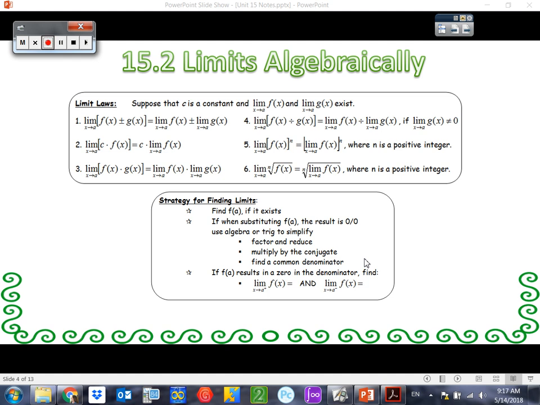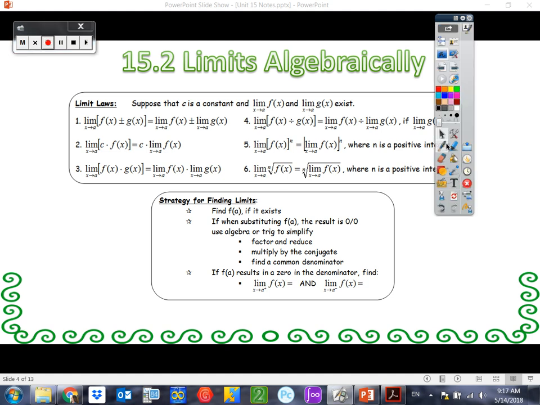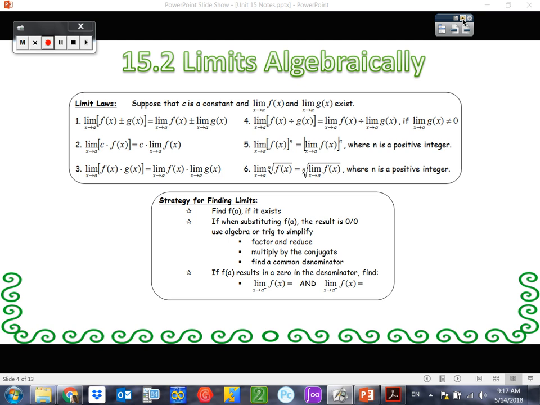Our other option, and I'm going to add a word in here, if plugging in a number results in the denominator being 0, and the denominator only being 0, not this situation. This situation means keep going. Okay, do something algebraic. Do algebra. That's what that means. 0 over 0 means keep going.